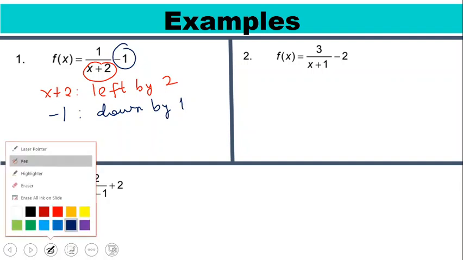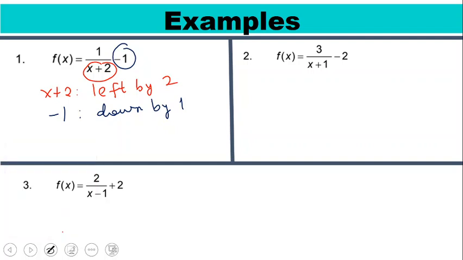Moving to example 2, we have three changes in example 2, okay? Let's talk about the x plus 1 first. X plus 1 will, again, move to the left by 1, okay?